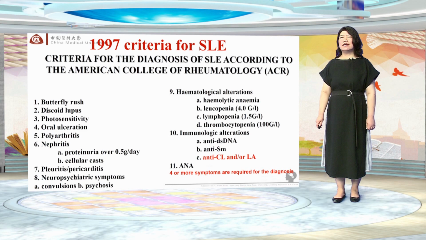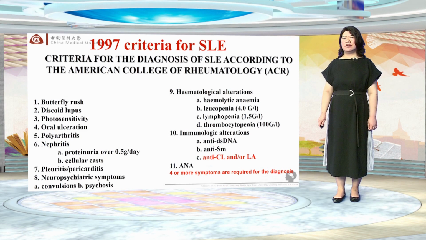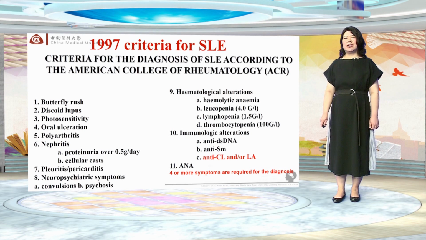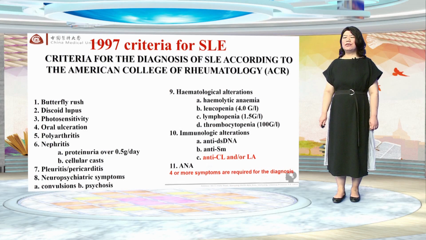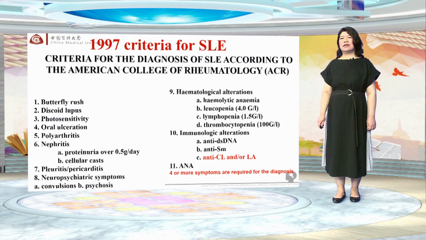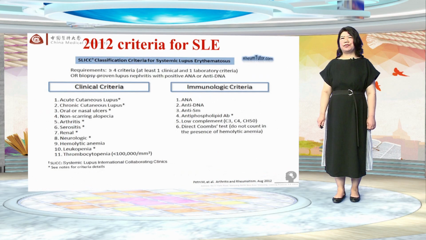This criteria includes 11 items, covering the clinical manifestations, the laboratory tests, and also the immunologic indexes. If the patient has 4 or more items positive, we can diagnose lupus.